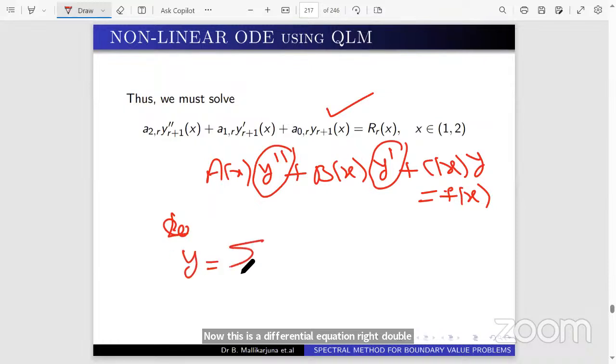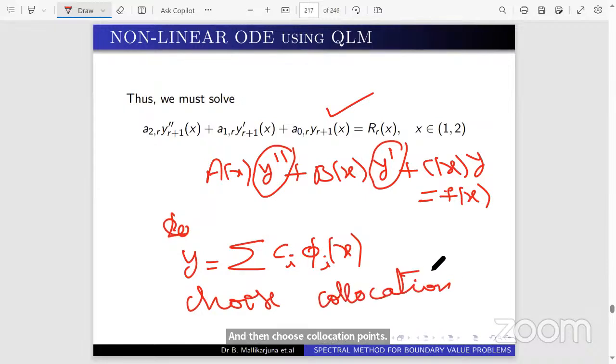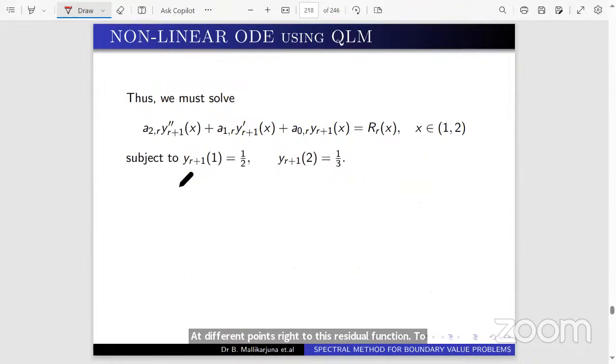This y can be approximated with basis functions, and then choose collocation points, whether equispaced or Gauss-Lobatto points. Define the residual function after replacing this y in this linear form. At different points, write this residual function to get the different equations, and with the given conditions, implement this.